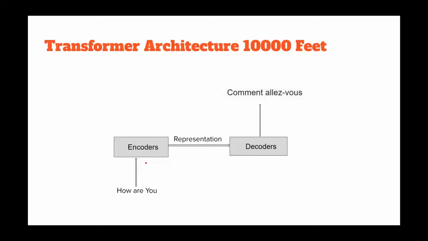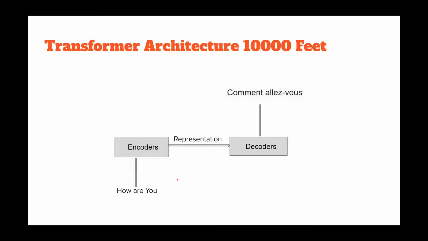The encoder learns the representation of the input sentence and sends the representation to the decoder. The decoder receives the representation learned by the encoder as an input and generates the output sentence. This is the target sentence. Let's say we are translating English to French.